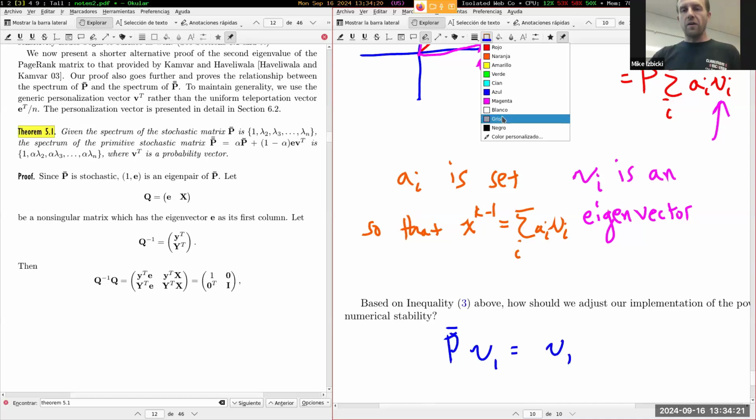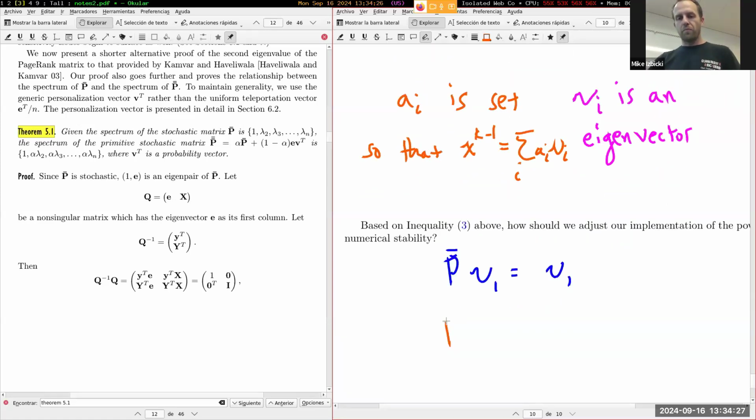But all of the other eigenvalues are going to be less than or equal to alpha. So p bar bar times v sub i, where i is not equal to 1, is going to be somehow less than or equal to alpha times v sub i.